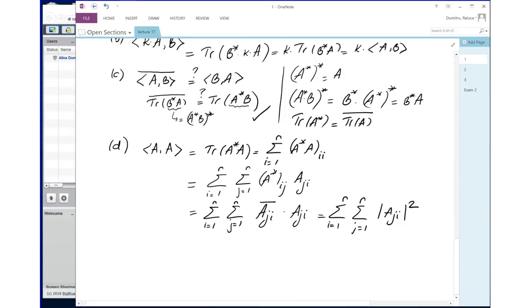It's right. Every term is a complex number times its conjugate, so it's the magnitude squared, right? So now we got a sum of magnitude squares, which is going to be strictly positive, is 0, of course, if every term is 0. A is the 0 matrix.